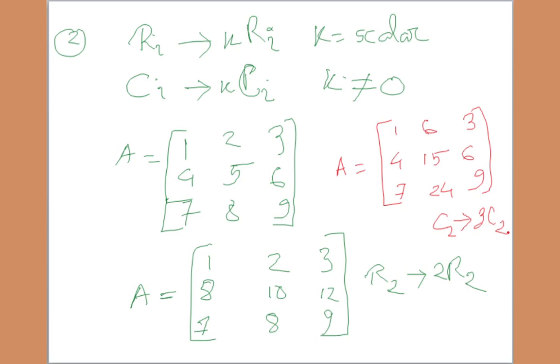It is Ri becomes Ri plus k into Rj, where i and j are row numbers.